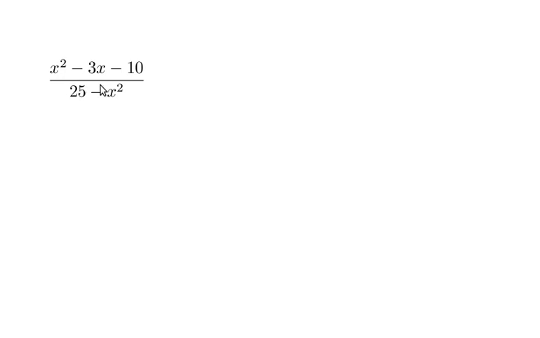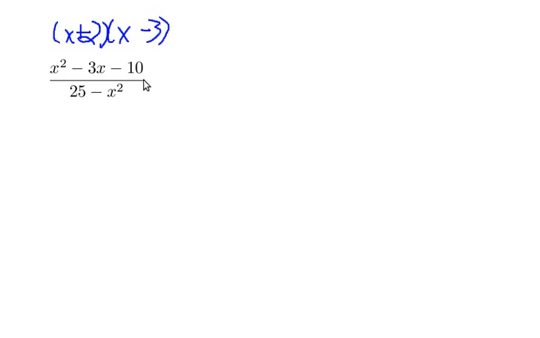Let's factor this top one. How do we do that? Well, that's really not that hard. We have this x squared, which is not a perfect square, so it's going to be two numbers that when you multiply make negative 10, and when you add make negative 3. Well, that's going to be x plus 2 times x minus 3.